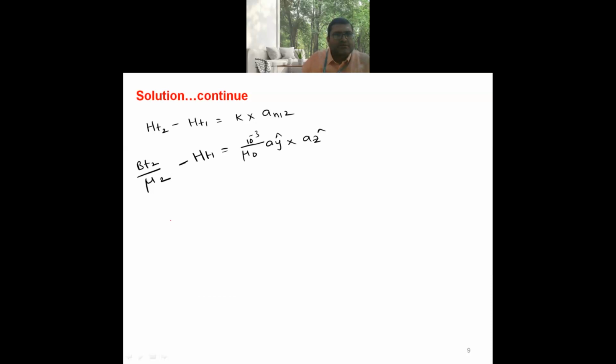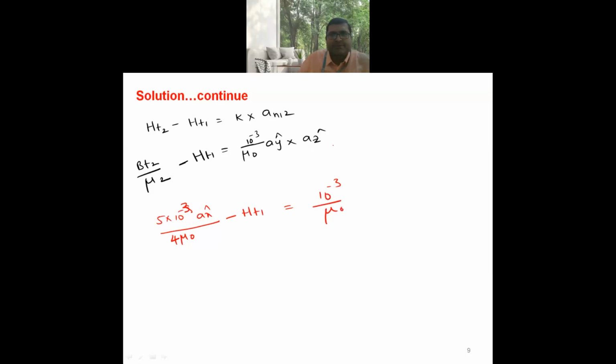The value of BT2 is 5 into 10 power minus 3 ax cap, divided by mu 2, which is 4 mu naught, since mu r2 is equal to 4, minus HT1 is equal to 10 power minus 3 by mu naught.